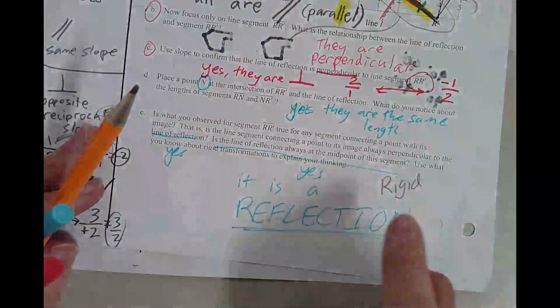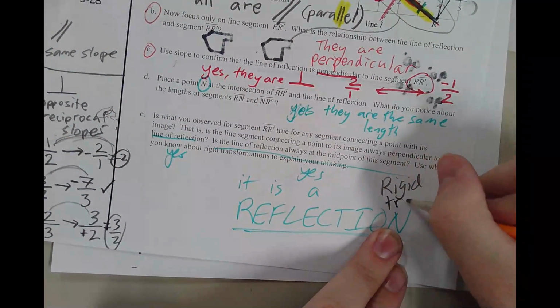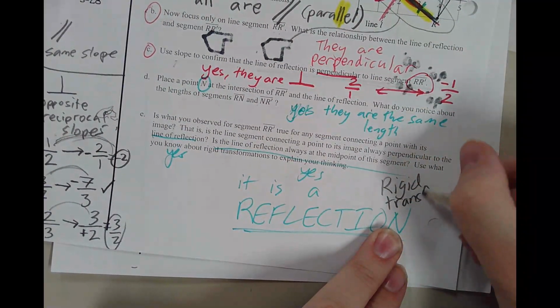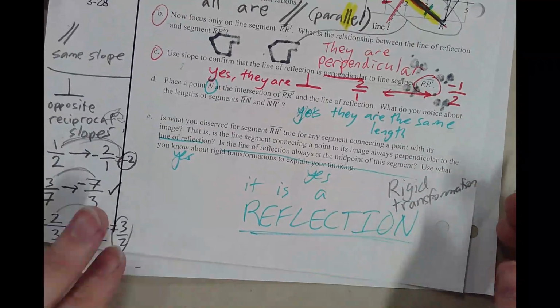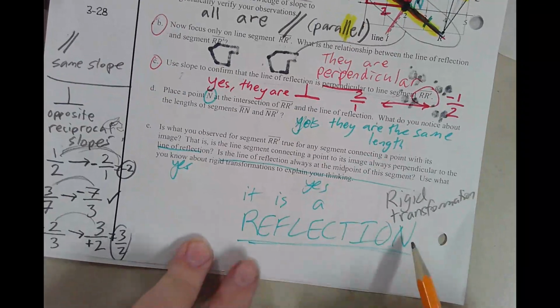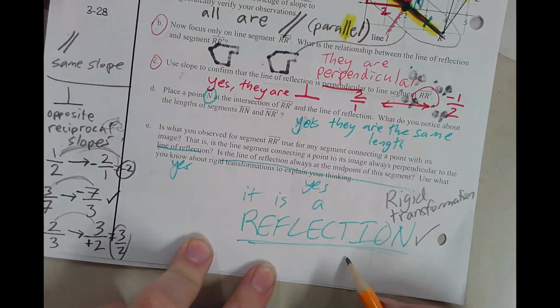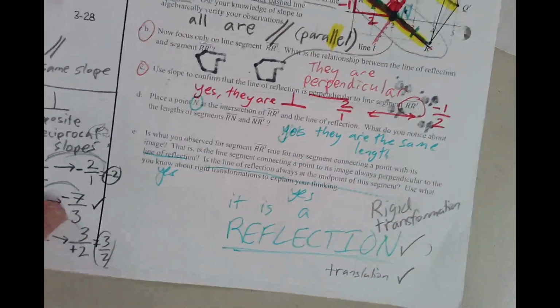Yes, because it's a rigid transformation called rotation. Just like rotation is a rigid transformation, we know that reflection is also one, and there's one more called translation. All of these transformations are rigid. All right, let's turn to the next page.